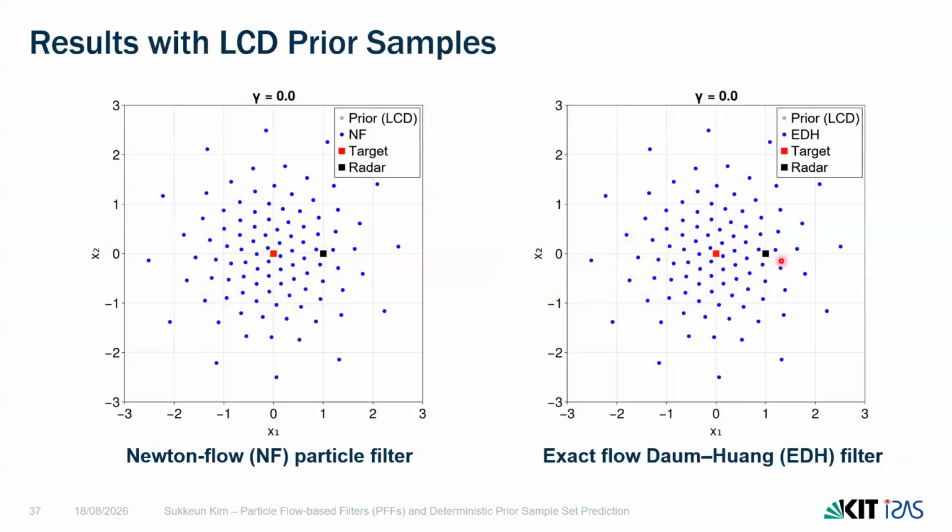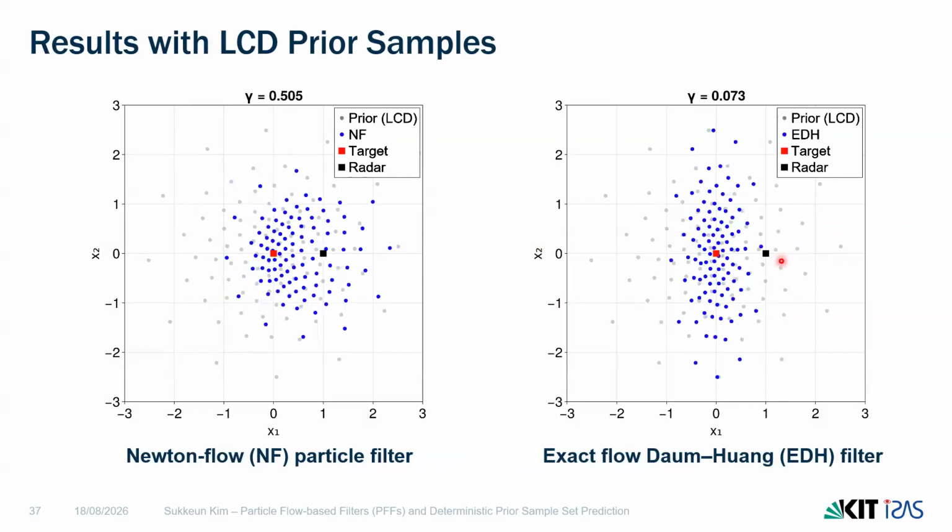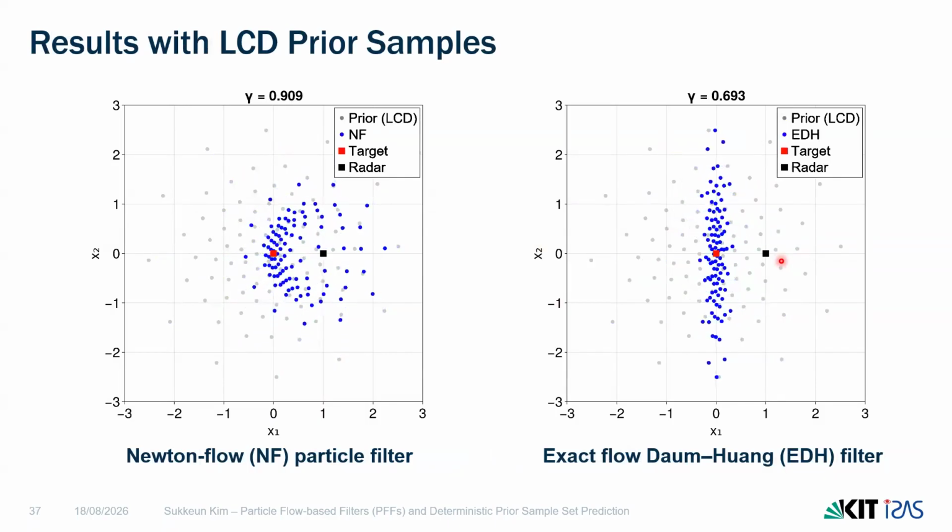So these are results from the LCD prior samples. On the left-hand side is the Newton flow filter, and the right-hand side is the exact flow Daum-Huang filter. As you can see here, when gamma changes from 0 to 1, it nicely forms the flow. This is one discrete time step update. The gamma there is not the physical time, but an artificial time for this ODE.